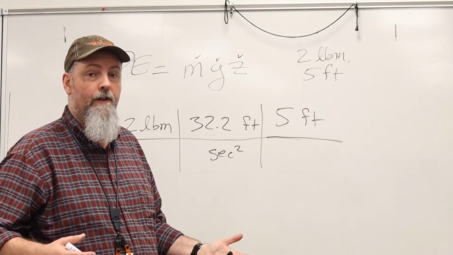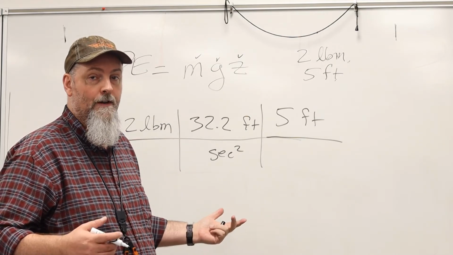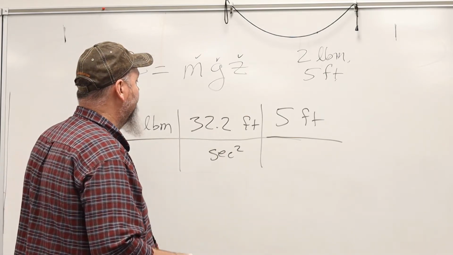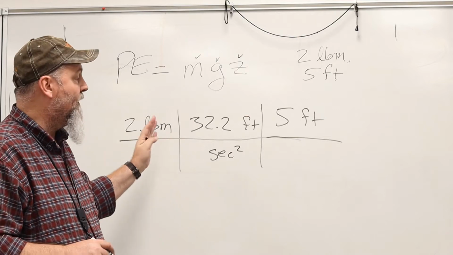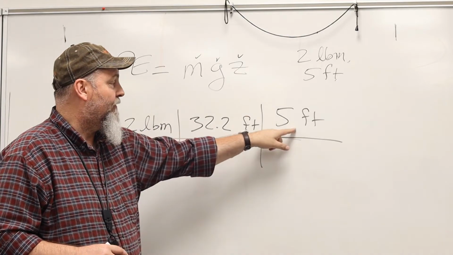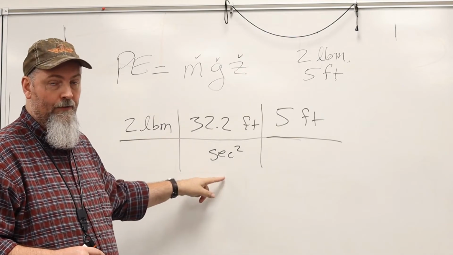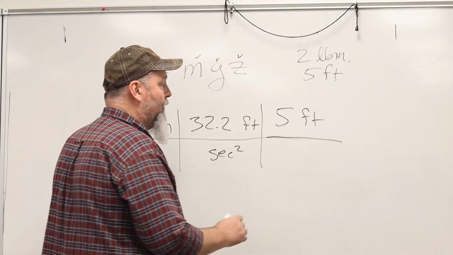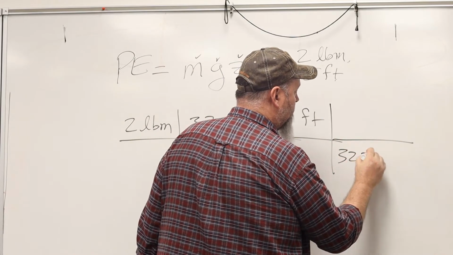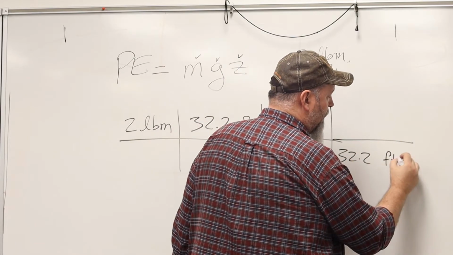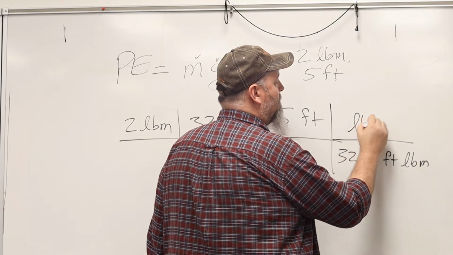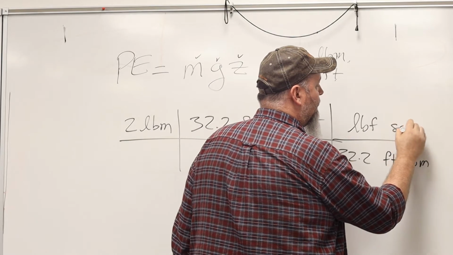Now, what are the units for energy for our general energy equation for potential energy? Foot-pounds force. We clearly don't have that here, so we know we need to convert our units. Right now we have feet squared, pounds mass per second squared. So let's do our foot-pounds mass per pound force second squared.